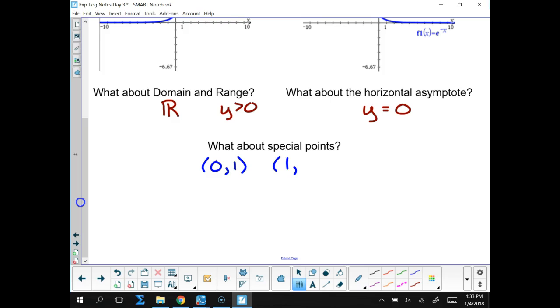What's it going to go through now? It's the fifth letter of the alphabet. E. It's going to go from 1, e. 2, e squared.